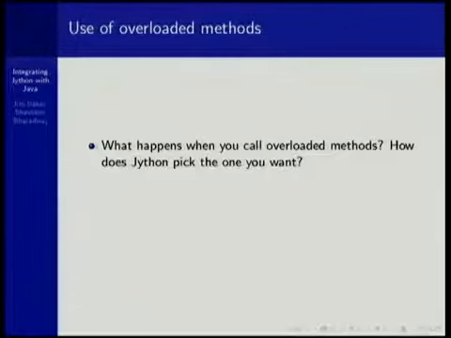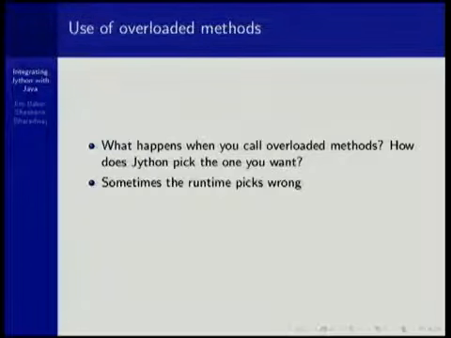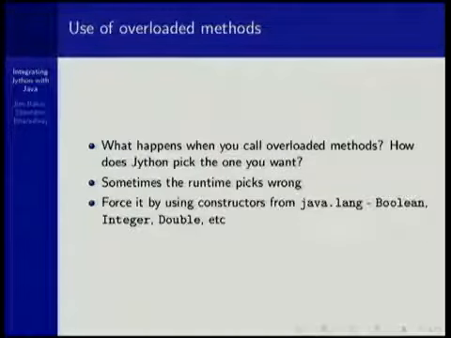If it chooses wrong, you need to ensure that it picks the right one. As it says, sometimes the runtime picks wrong. Force it by using constructors like these in order to ensure that you get the right selection, or some other constructor on those arguments of that particular method.